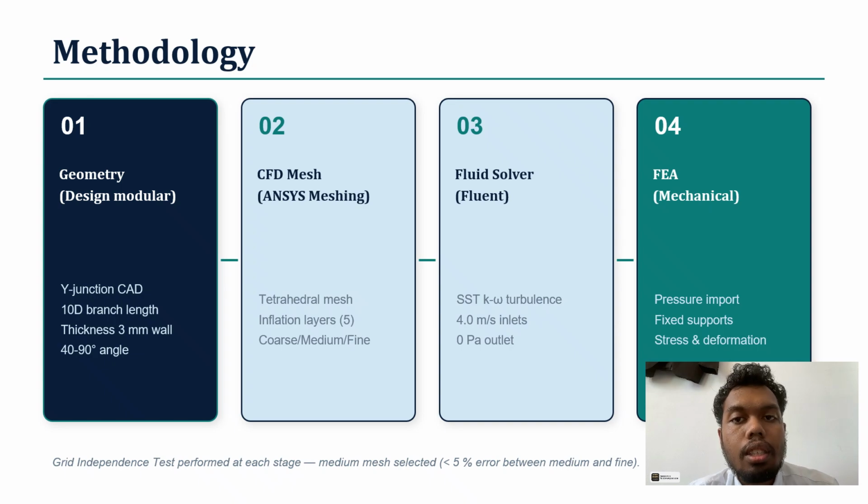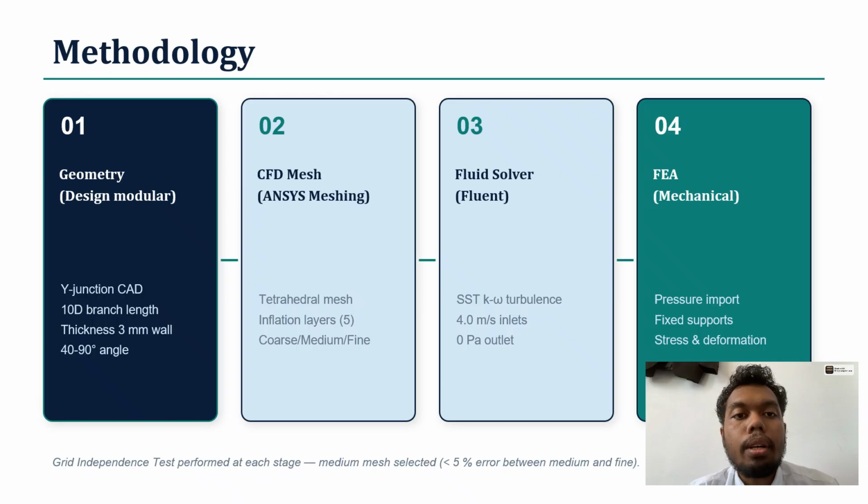The third stage is the CFD simulation. We used the SST k-omega turbulence model because it provides accurate predictions of separated flow and wall-bounded turbulence. Water entered through 2 inlets at 4 meters per second, while the outlet pressure was fixed at 0 Pascal.